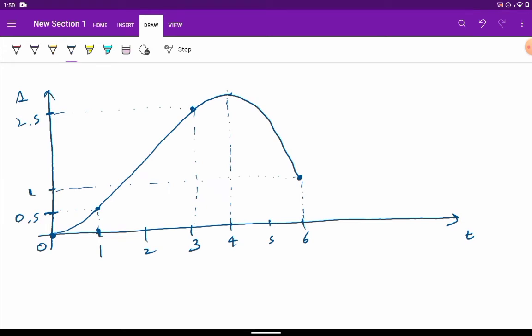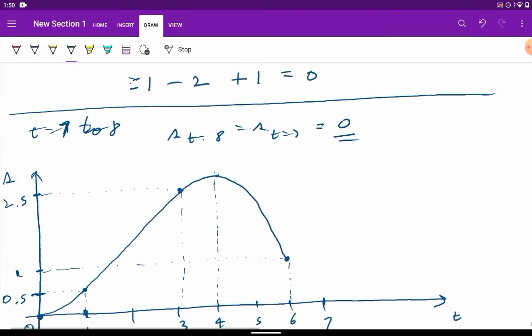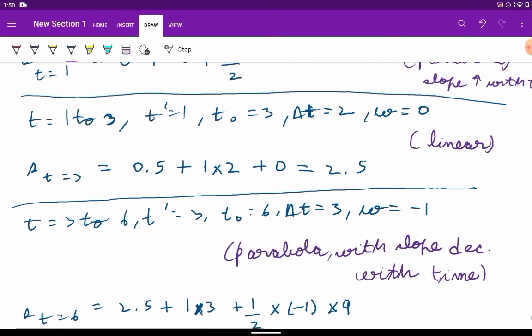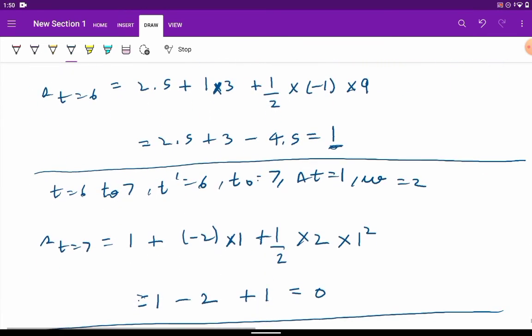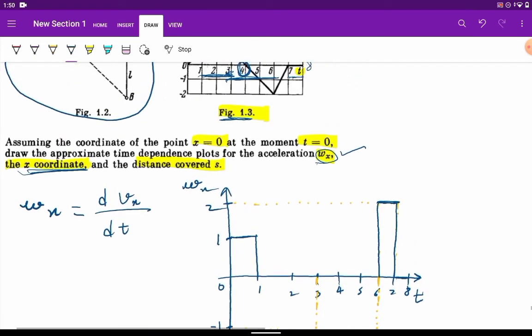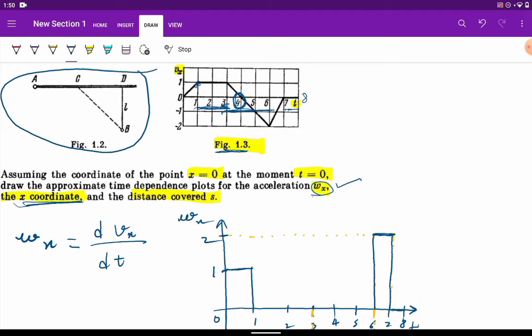So what happens from t equal to 6 to t equal to 7 is that the magnitude of the velocity of the body in the negative direction keeps on decreasing.